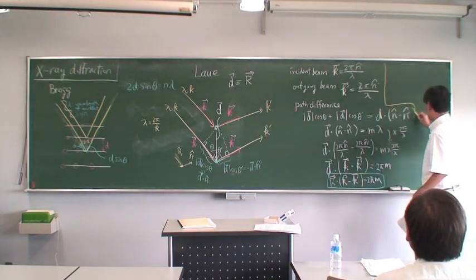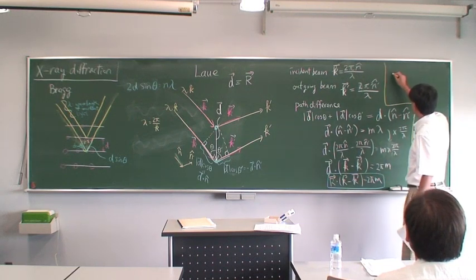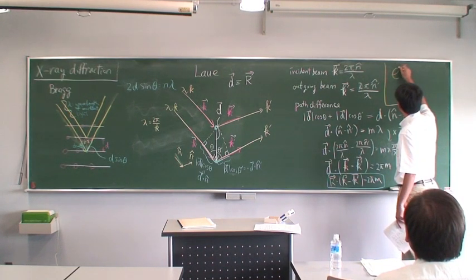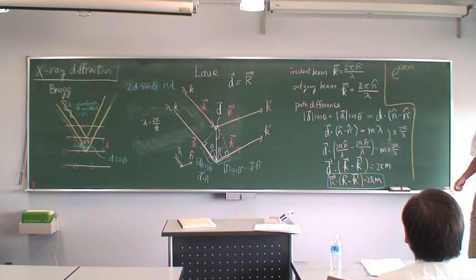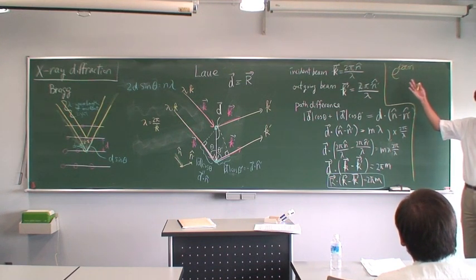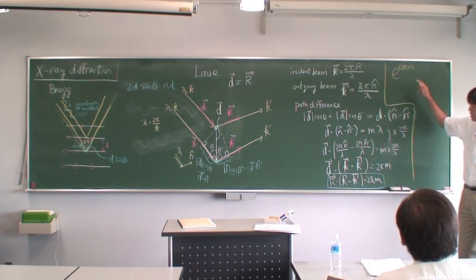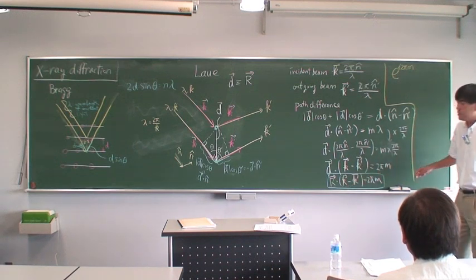Let me write down exponential i 2 pi m. 2 pi m equals this one, right?